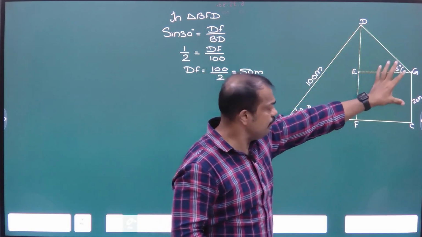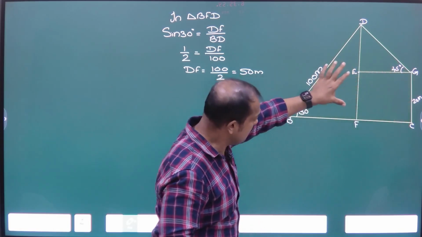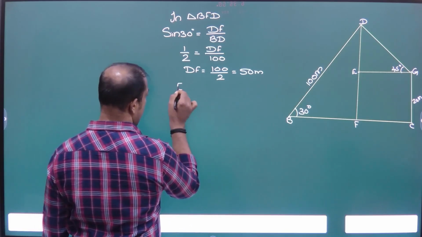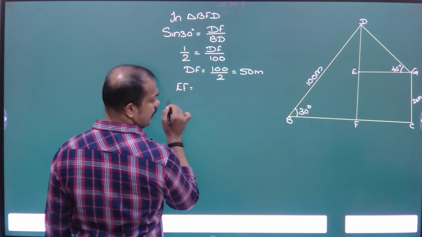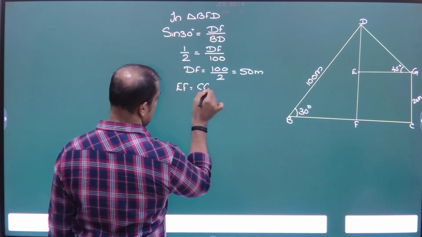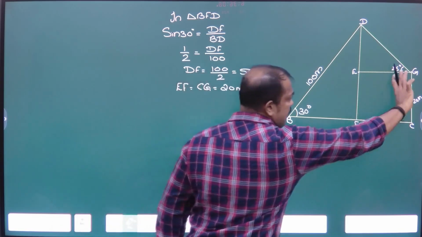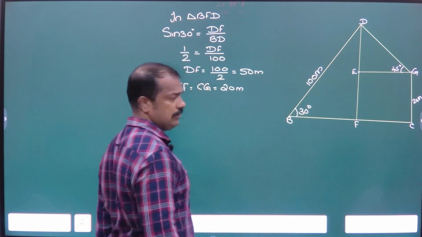And what is CG? CG is the same as EF, which is 20.